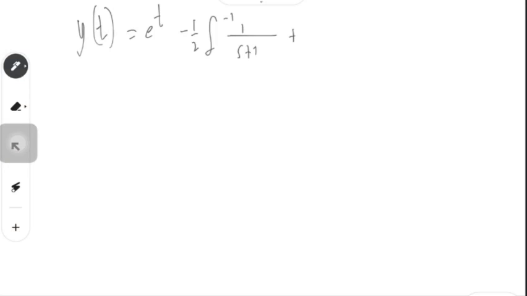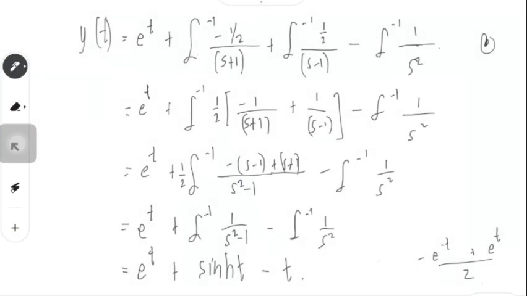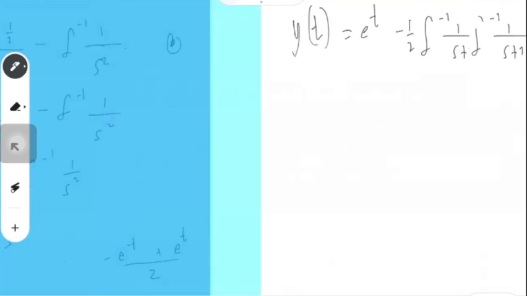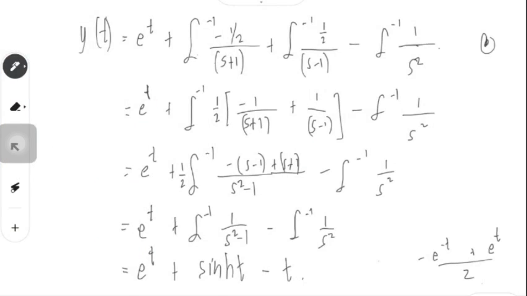Then plus, we have 1/2, the inverse Laplace transform of 1 over S minus 1. Then, minus.